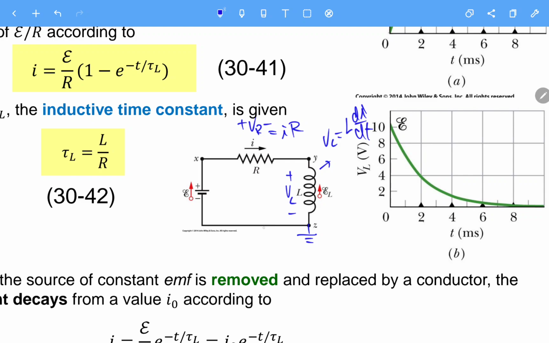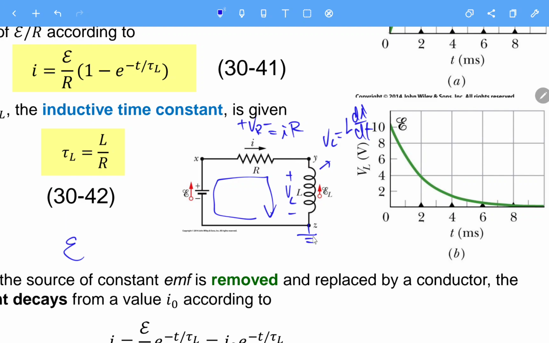Okay, so you start from this point and then go around the loop. So this is 0, and then this is negative, positive, so it should go up. Okay, so we have an E. This is going up, and then starting from this it will be going down, because R and L should be consuming the power.